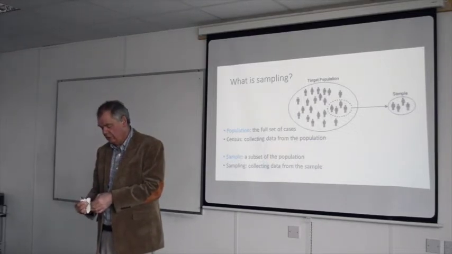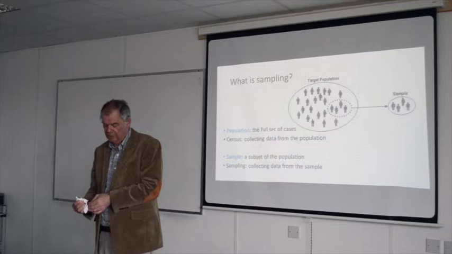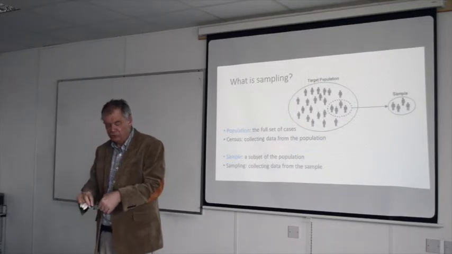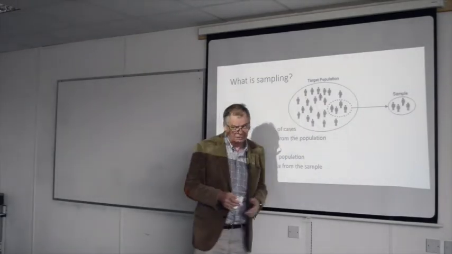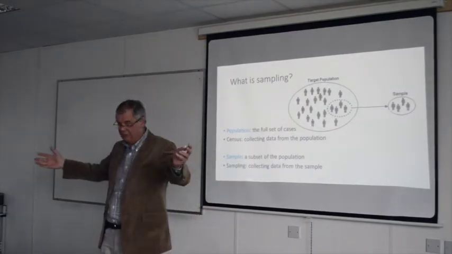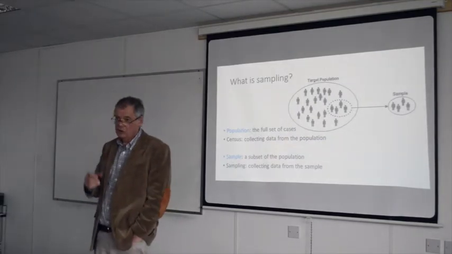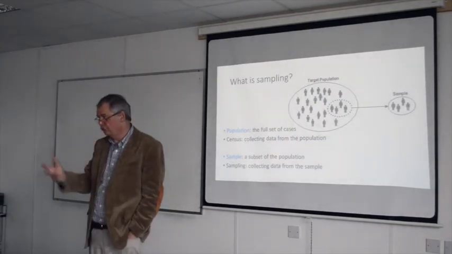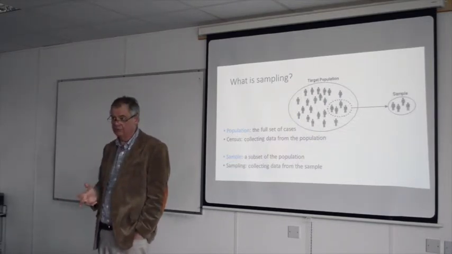And if you have access to every bit of data that you want, the entire amount of data is called the population. If, for example, you're doing a survey of everybody in this country, 70 million people or something, I don't know, then you would need huge resources to contact every single person and get answers from every single one of them.